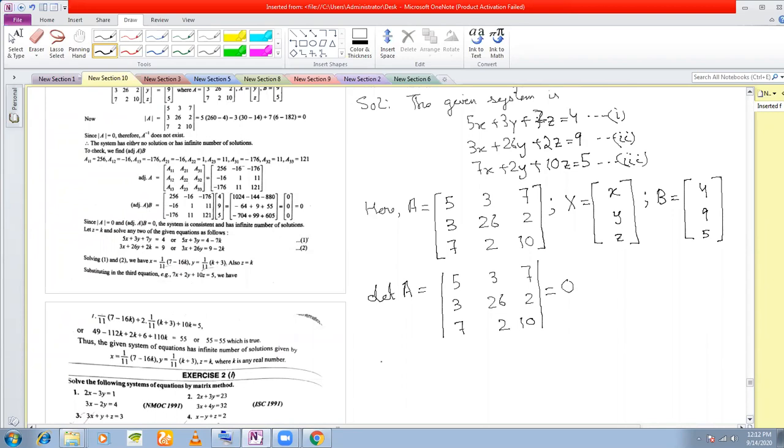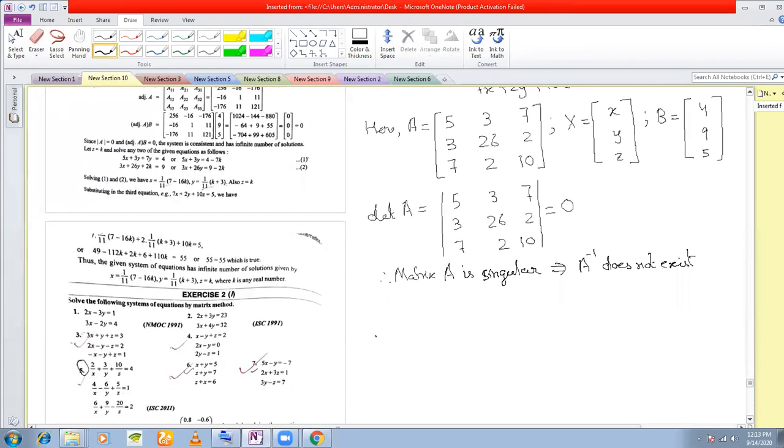That means you can write matrix A is singular. That means A inverse does not exist.